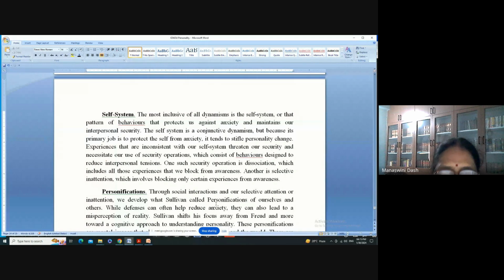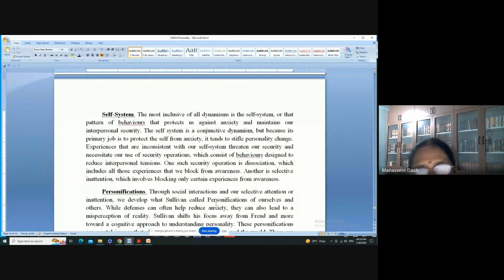So the self-system is represented through such a pattern of behavior that protects us against anxiety, and it maintains our interpersonal security. Like in Freud's theory, defense mechanism protects our ego against anxiety, in Sullivan's theory, the self-system protects us against anxiety and protects our interpersonal security, we can say.